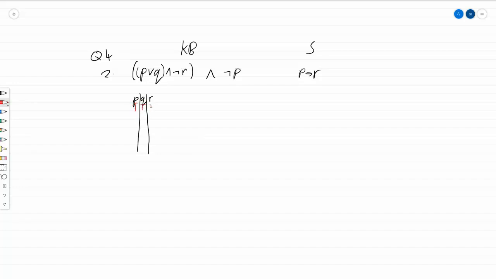Let's do true, true, true, true, false, true, false, true, true, false, false, false, true, true, false, true, false, false, false, true, and false, false, false. Cool. Just go through all the different options. And hey, that didn't work out too bad. Someone ended up bulging out at the bottom there, but it was okay.